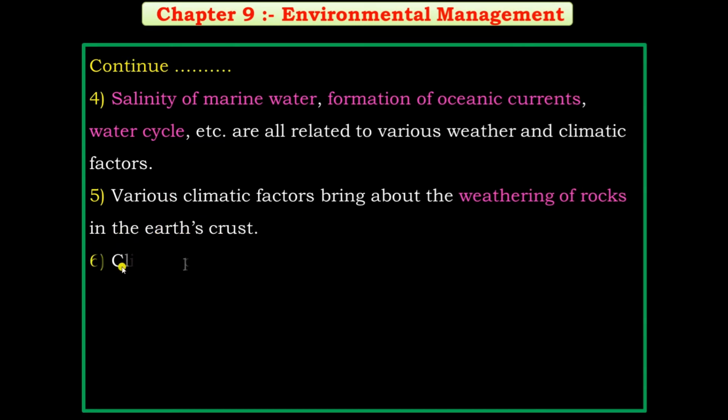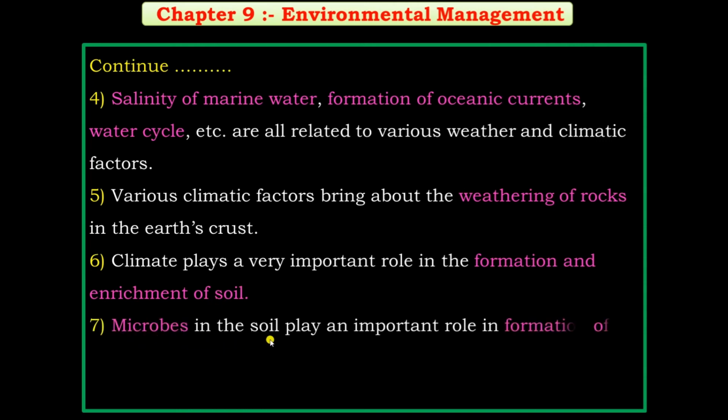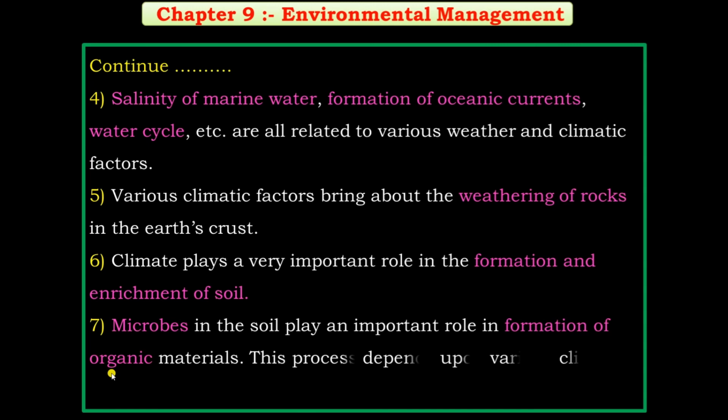Point number 6, climate plays a very important role in the formation and enrichment of soil. Point number 7, microbes in the soil play an important role in the formation of organic material. This process depends upon various climatic factors.